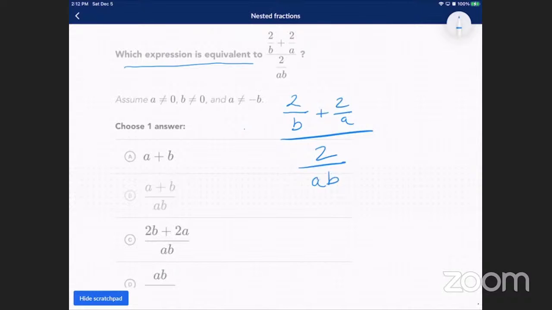So first what we would have to do is get these two. Let's remember, if we have like 3 over 1/2, we couldn't do this first. We would have to balance them out.